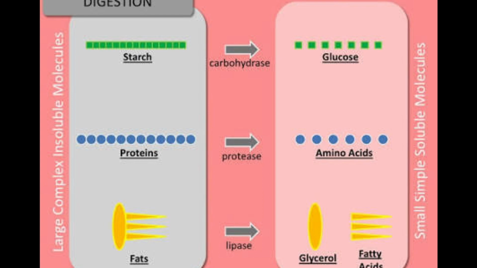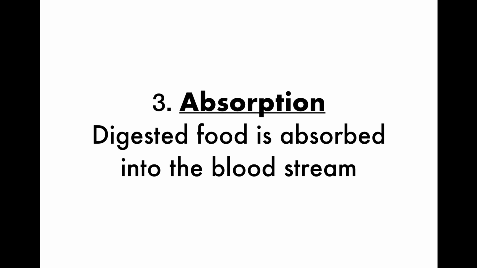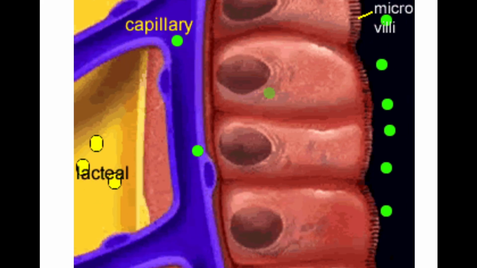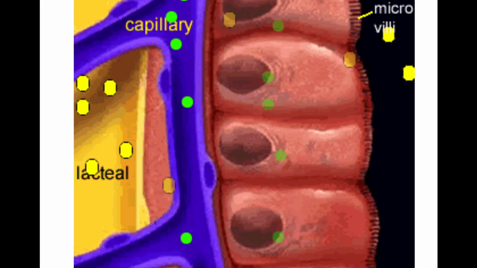Now, these digested food molecules are then absorbed in the small intestine. That means the digested food particles pass into the bloodstream, like it's happening here. These particles are crossing the wall of the intestine and they are passing into the bloodstream.